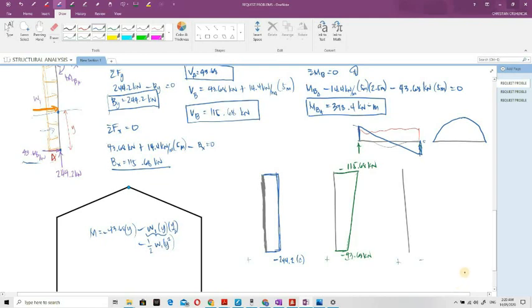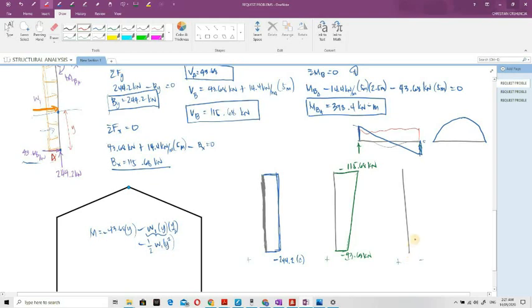So, dito sa moment diagram natin. So yung shear diagram natin kasi, consider natin itong left side is positive, negative tayo dito sa right side, positive, then negative. Okay? So yung moment diagram natin dito is 0. Okay? 0 tayo dito.